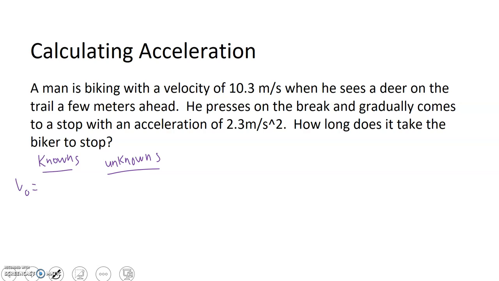The initial velocity is 10.3 meters per second. The acceleration is 2.3 meters per second squared. We're looking for the time because it says how long. There's one more known in our problem that may not stand out, but it says he presses on the brake until he stops. So a stopped object has a velocity of 0 meters per second.